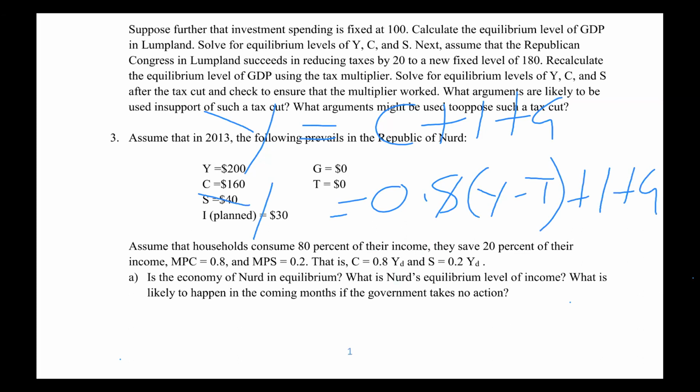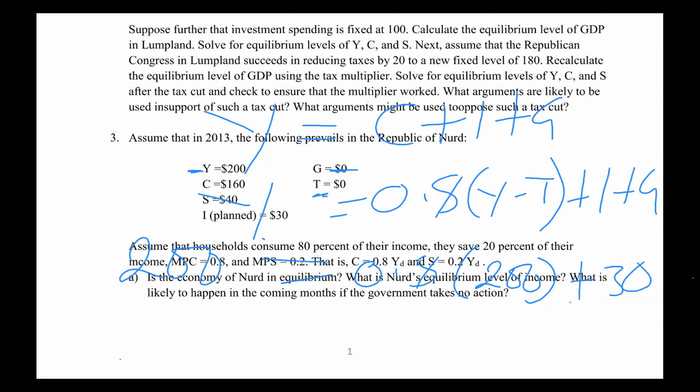So let's check if this economy is in equilibrium. What is our Y? Y is given as 200. Then we have 0.80 times 200, minus taxes is 0. The tax is 0. The government expenditure is 0. What about the investment? Investment is 30. So plus 30.